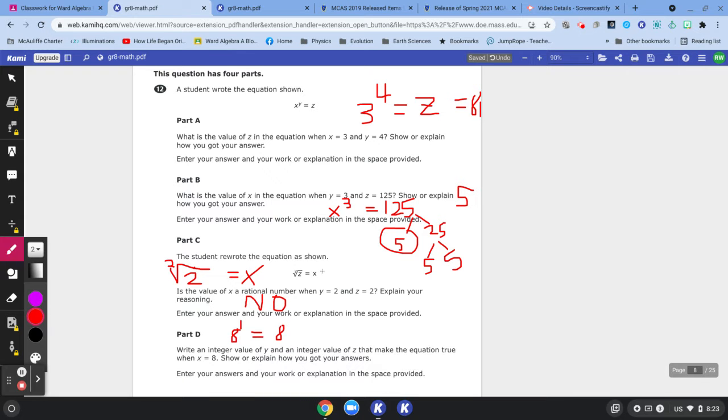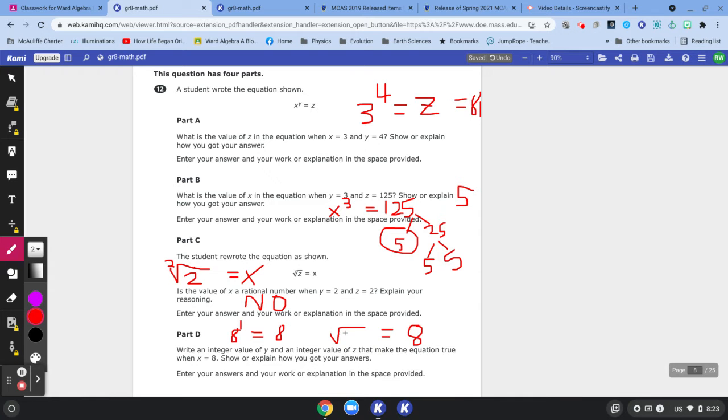However, if they're talking about this equation, then we need to do this. So we're going to say x is 8. And hopefully on the MCAS, they will ask a question with less ambiguity.